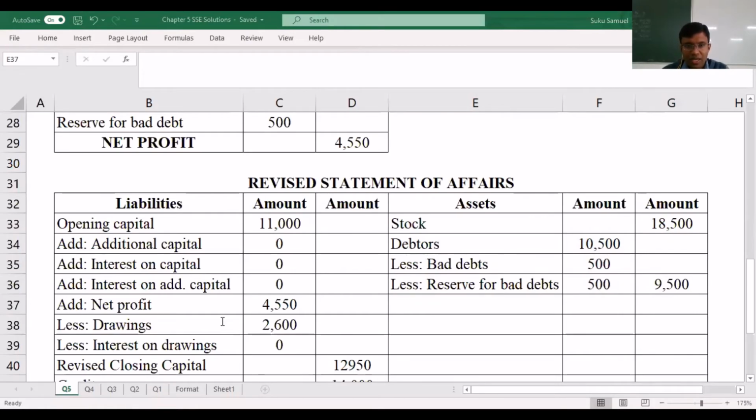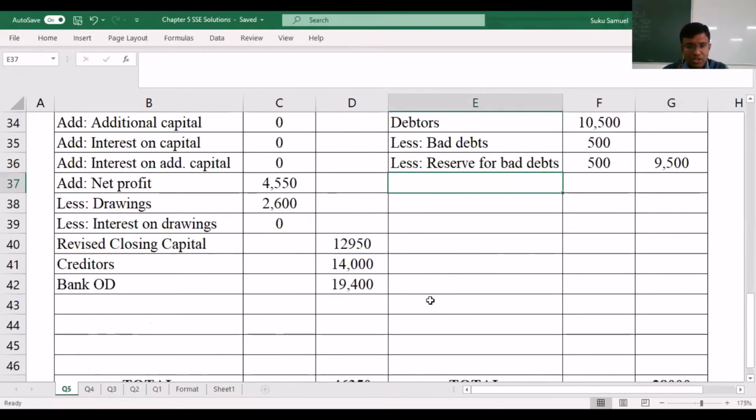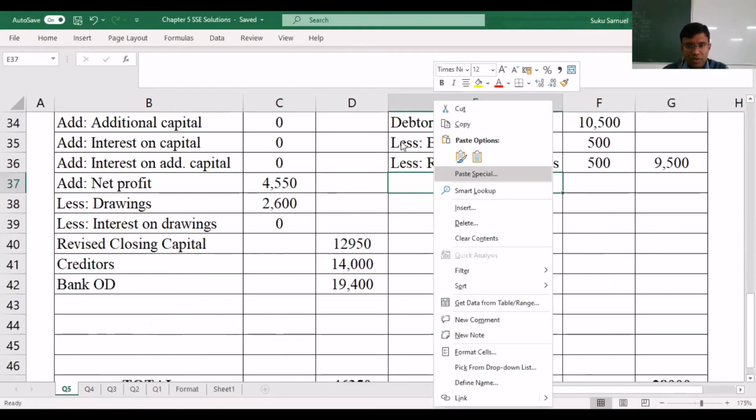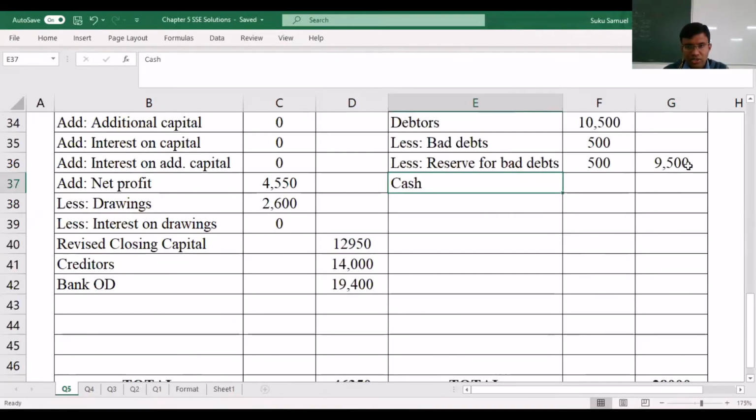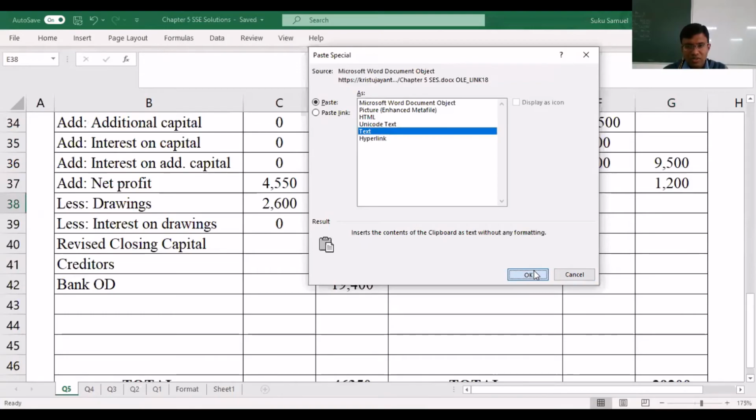Then what are the other items that we have to consider? Then you have cash. For cash, we will again go with the closing value. Cash's closing value is 1,200. Then we have bills receivable, furniture, delivery van. Let's consider those items as well.